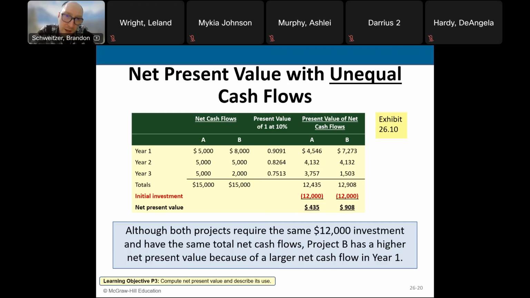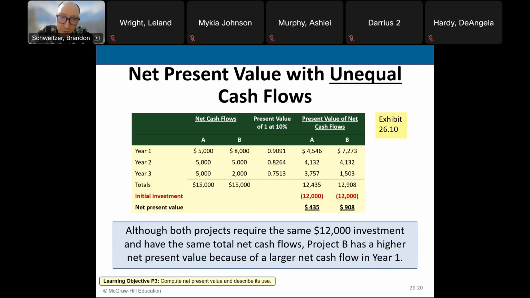Well, if we apply net present value using the table index, 10% return rate or discount rate, at a value of 1, we see the differences for years 1, 2, and 3. We multiply that 5,000 times or 8,000 times the net present value amount.